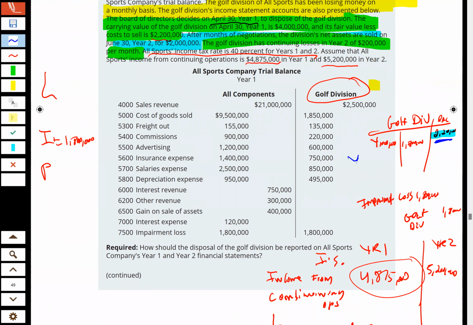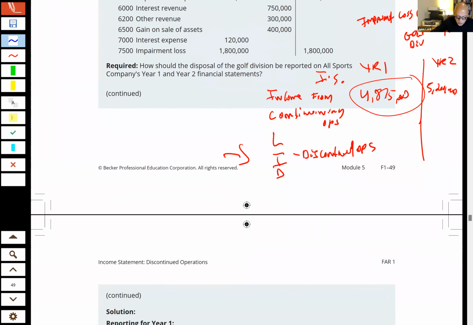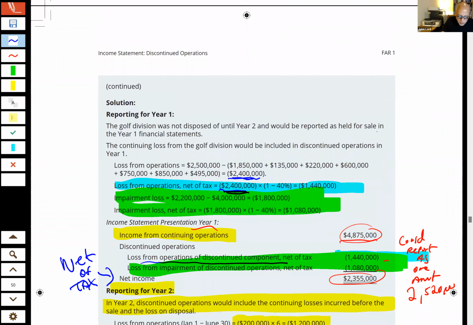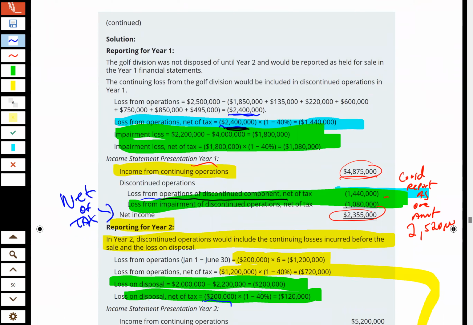That happened in year 1. But by year 2, after months of negotiation, we were finally only able to sell it for 2 million. So that generated an additional $200,000 loss, but now we're not calling it a loss on impairment, we're calling it a loss on disposal. If we sold it for, just making a number up, 2.5 million, we'd have a $300,000 gain. Got it. Yes, thank you.